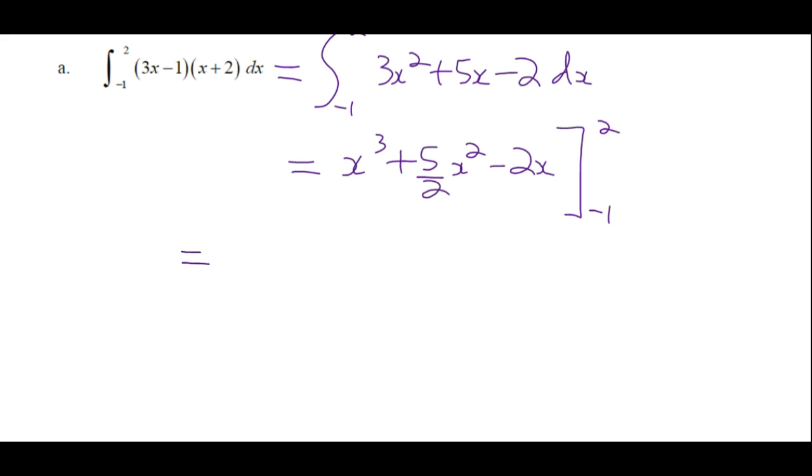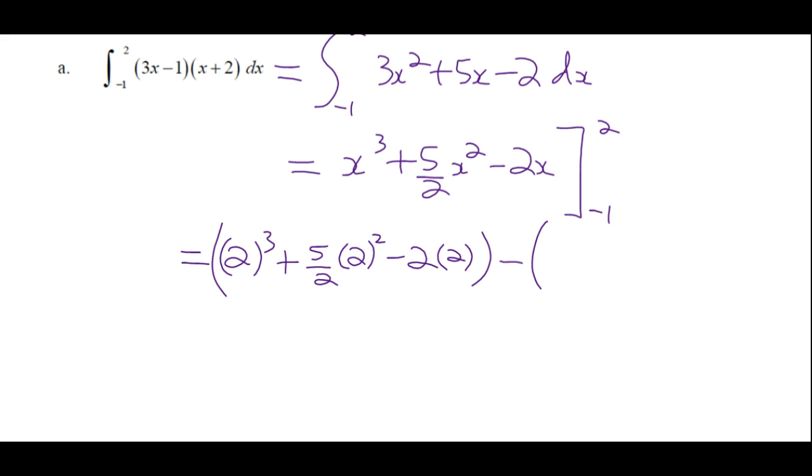So starting at the upper limit, we've got 2 cubed plus 5 halves times 2 squared minus 2 times 2. I can enclose that in brackets. I certainly don't need to, right? But the reason I do that is because now I'm subtracting another expression, and so this one has to be enclosed in brackets because we have to change the sign.